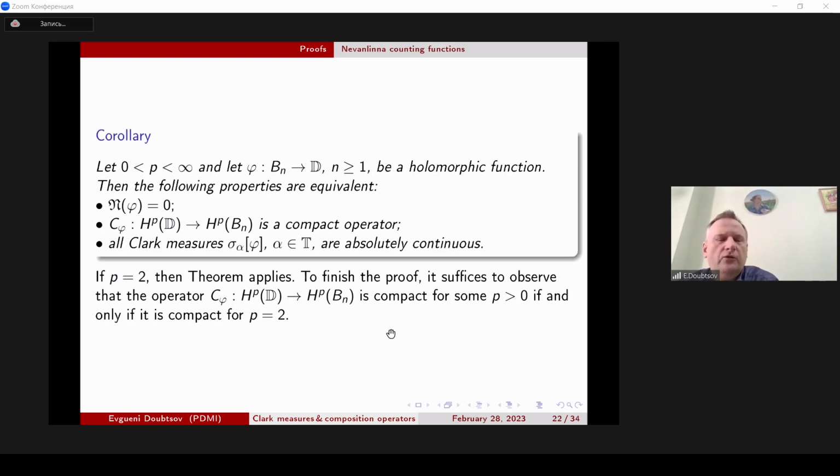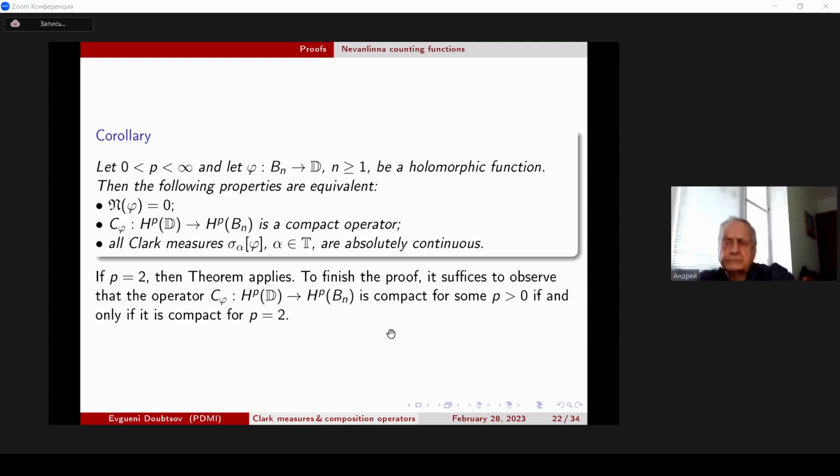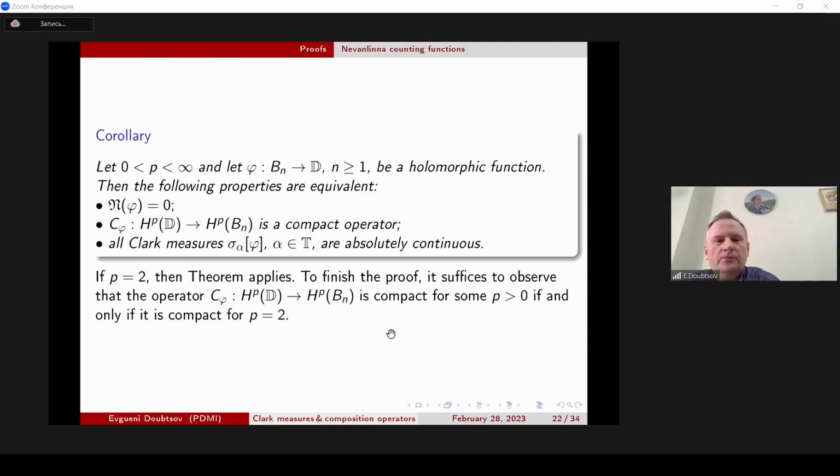As I said before, for arbitrary parameter p, if we are interested only in compact operators or even in estimates for essential norms, the corollary is given for just compact operators. The operator is compact if and only if the corresponding Nevanlinna counting function expression is equal to 0, or just all Clark measures are absolutely continuous.